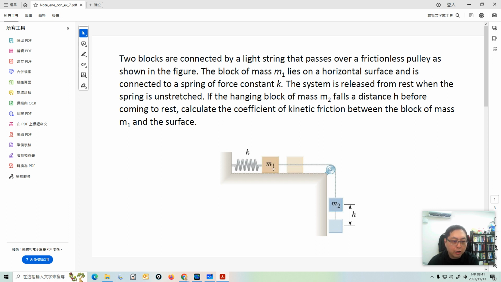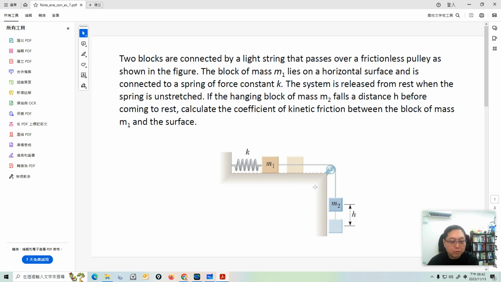After releasing the constraint, the system starts to move because M2 is greater than M1. So when the system starts moving, M2 goes down and M1 pulls to the right. And when M2 falls a distance h, the whole system stops. M1 stops, M2 stops.